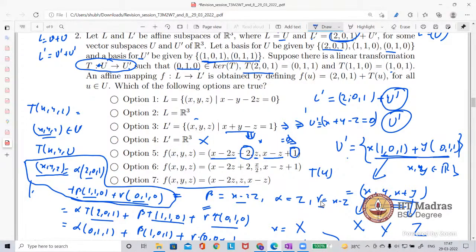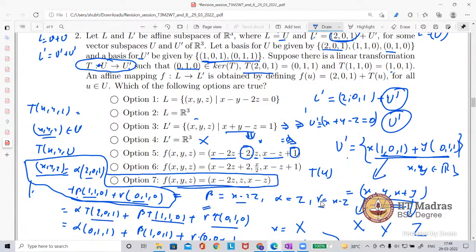You can decide. So I can reject option 7, but between 5 and 6 I have to check the transformation. I can add that vector into the transformation. Because if I subtract 201 from there, f of 000, actually, I will not say about this one. Just remove this.